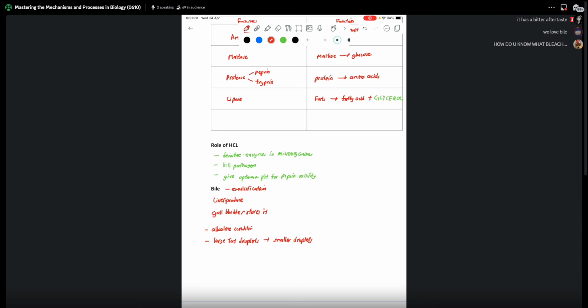I ate something wrong, maybe the food wasn't cooked. Bleach doesn't have that sort of smell either. So at the time when I was vomiting bile, I was like, oh no, something didn't go right, because my whole esophagus was burning. The esophagus is not meant to have that sort of acidic and alkaline condition. That was very painful. So yeah, that's the story.